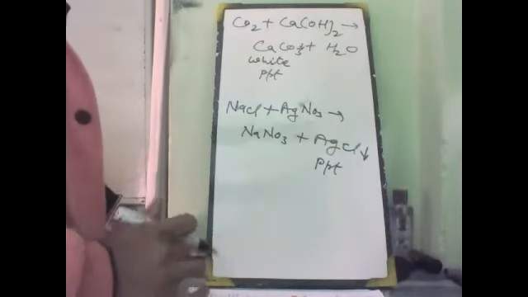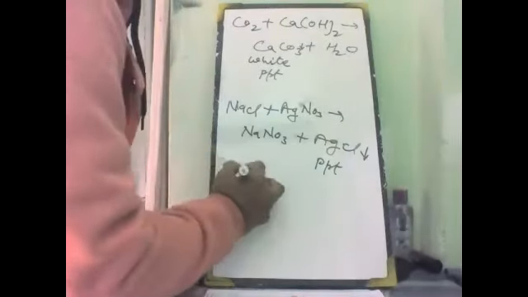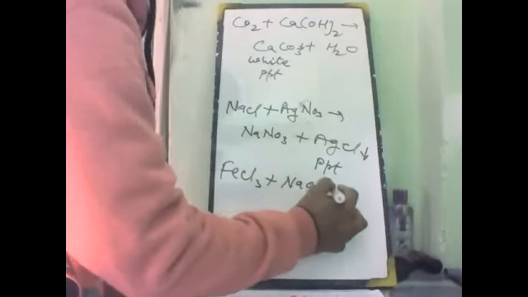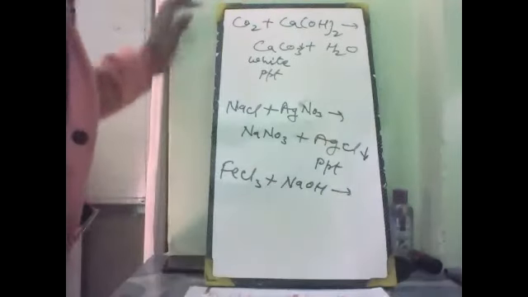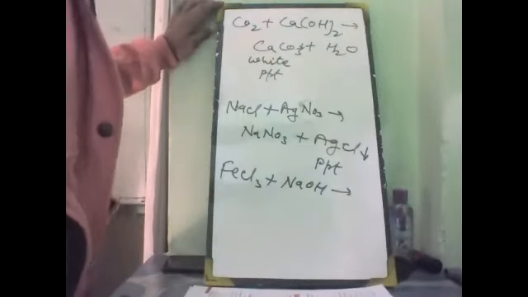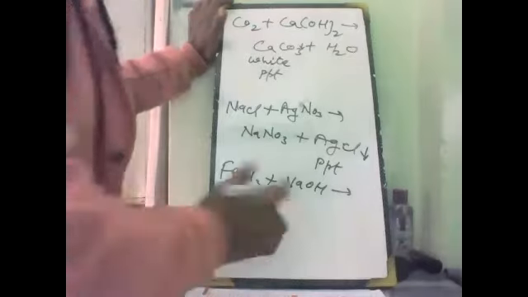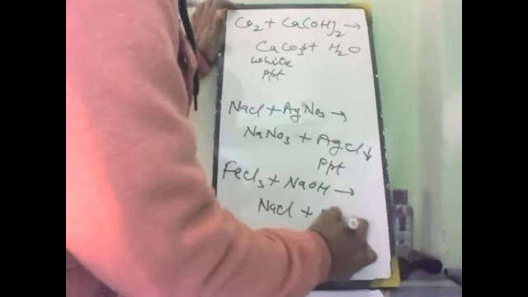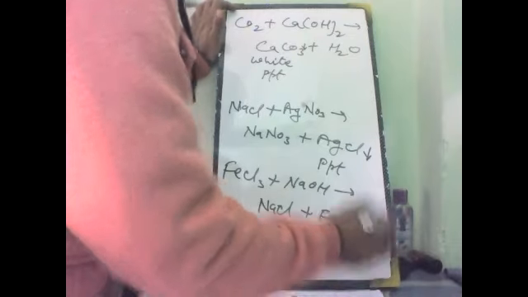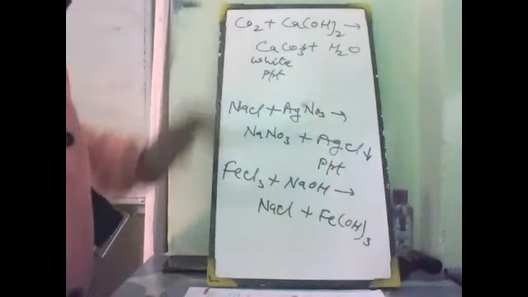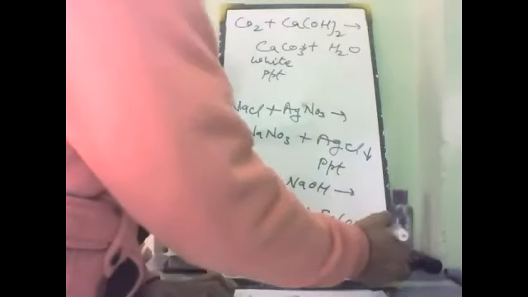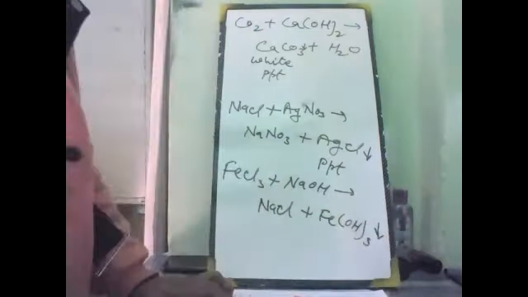Another example is ferric chloride, FeCl3, reacting with NaOH. Then it forms sodium chloride, NaCl, and ferric hydroxide, and this is shown by this arrow.